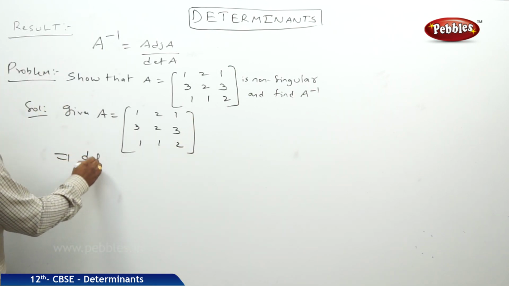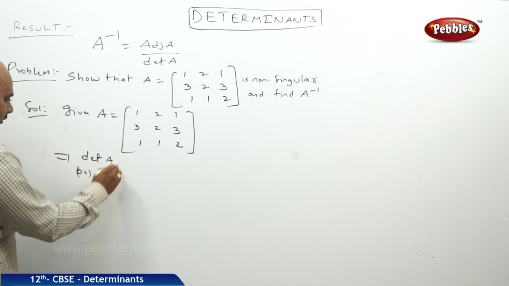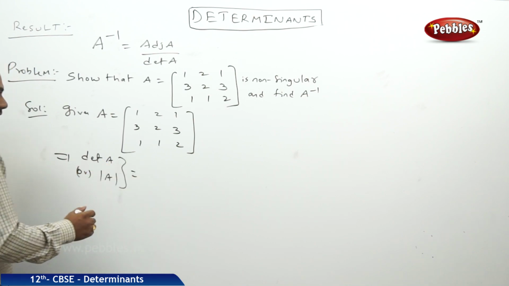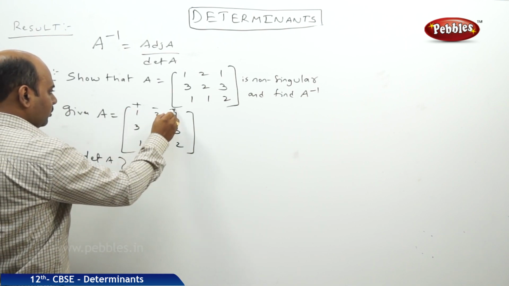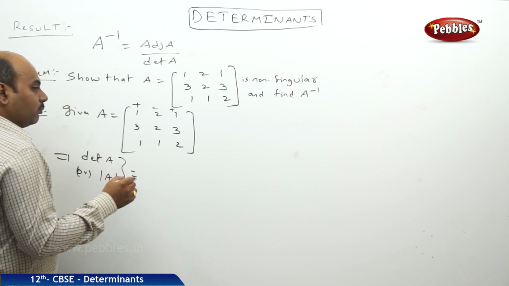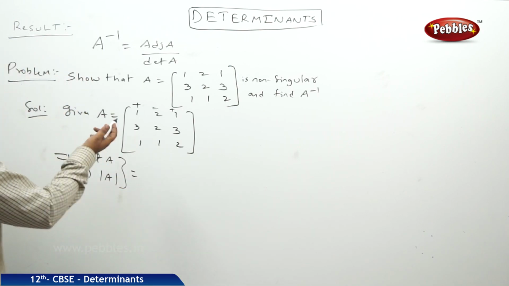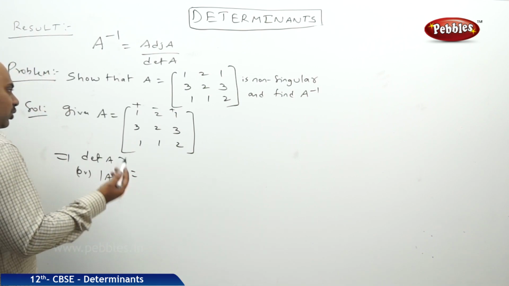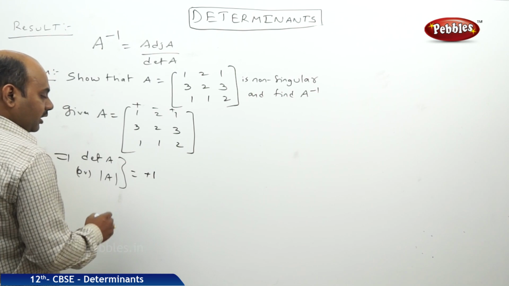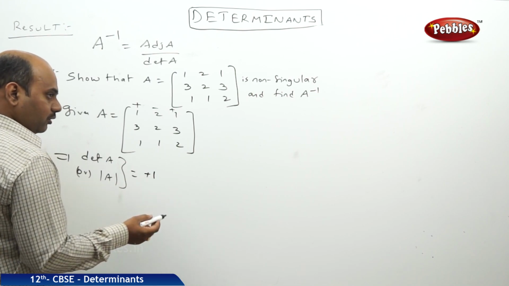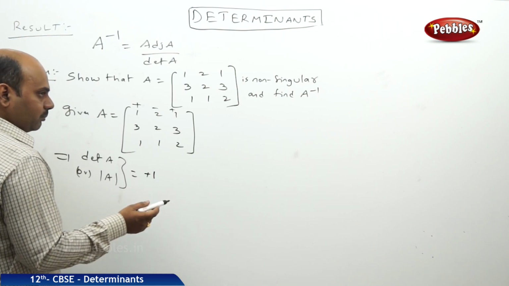Determinant is generally indicated by det A or modulus of A. Here I asked you to keep the symbols like this, because it is up to your wish by which row or which column you proceed, but there is a general practice to go by the first row, so I am going by the first row. And here 1, so here plus 1 I am keeping. Why this plus came, you also know, because here actually I need to write minus 1 whole power 1 plus 1.